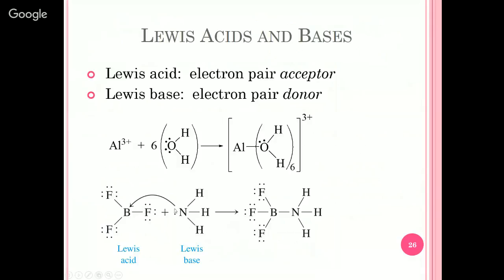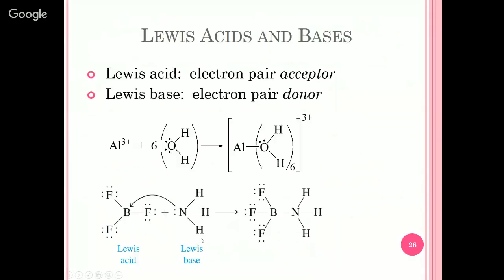Because nitrogen has this lone pair of electrons to donate. So we've also talked about ammonia is a base under the Bronsted-Lowry definition. Why? Because at the same time that nitrogen can donate a pair of electrons, it can also accept a proton because of this lone pair of electrons. So now we formed this complex between boron trifluoride and ammonia.